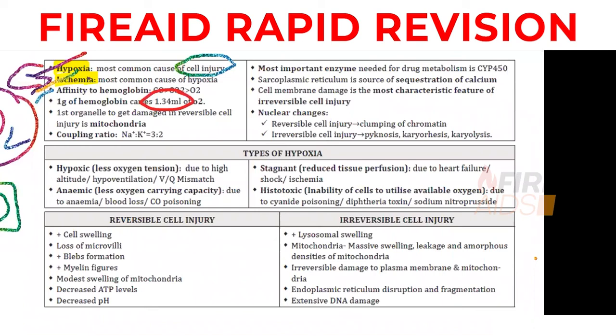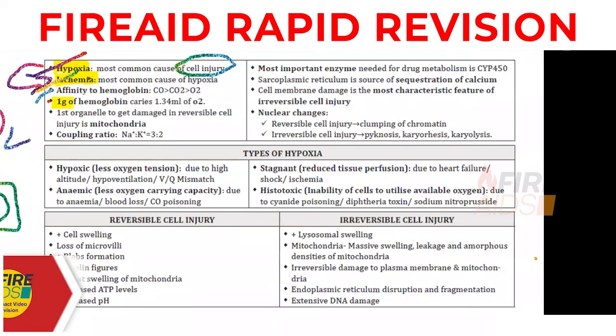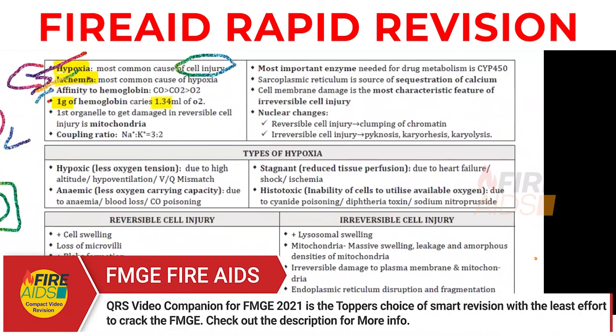I'm going to circle certain points, that is exactly what is needed for your MCQ. You might be asked how much 2 grams can carry or 3 grams can carry, and you need to calculate it in your examination. But mostly the standard MCQ is 1 gram carries 1.34 ml of oxygen.